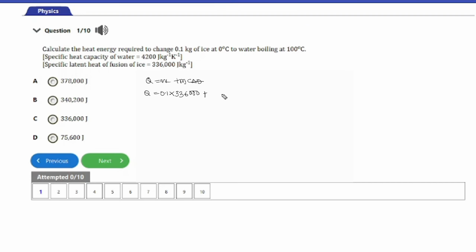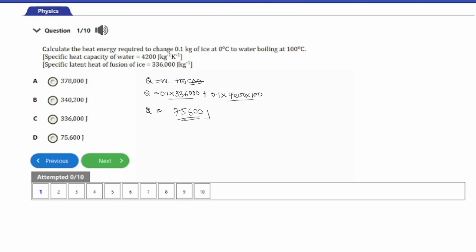Then this plus the mass again, 0.1 kg times the specific heat capacity 4200, then times the change in temperature, that's 100 degrees Celsius, because this is 100 minus 0. If we have the product of this and add them together, we're going to have 75,600 joules, and that's option D here.